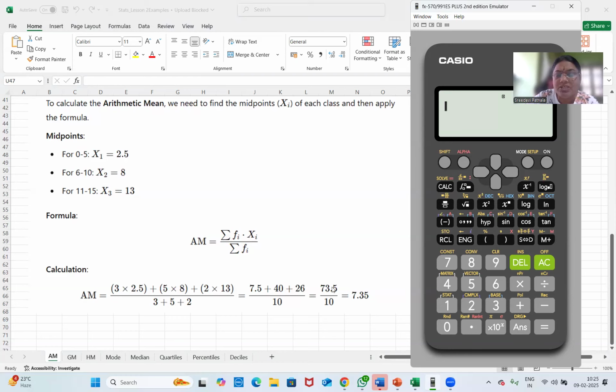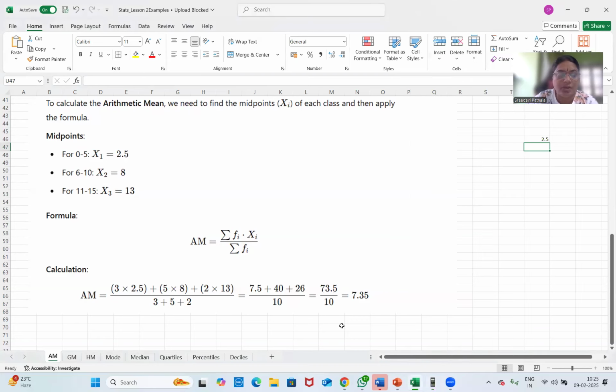These are simple ones that you can do on a normal calculator, or they don't need a calculator to be frank, with just addition and division. Wherever there are logs or signs, I will show how to use the calculator. So this is about the arithmetic mean.